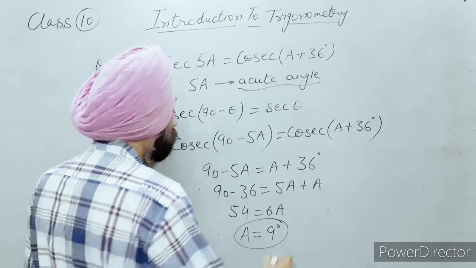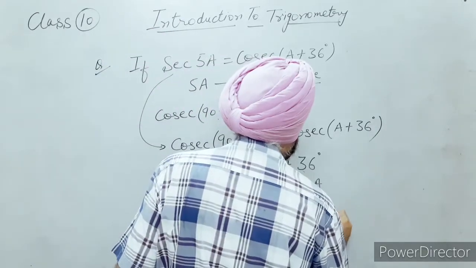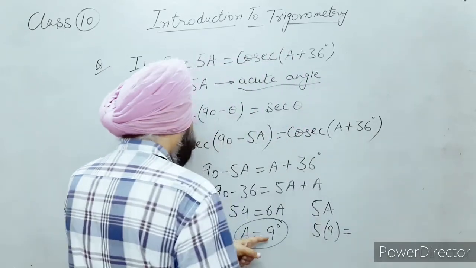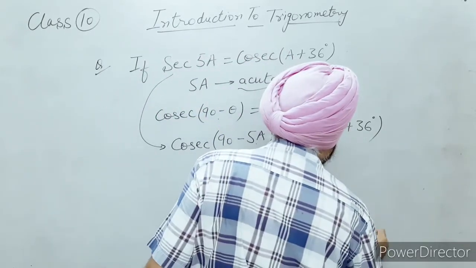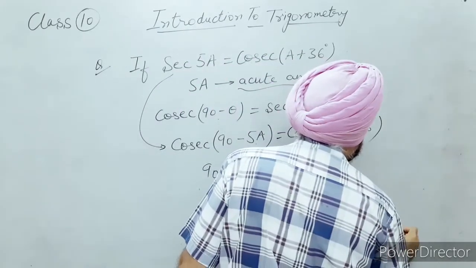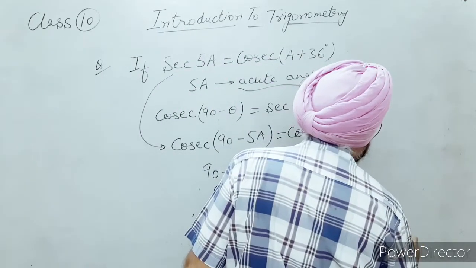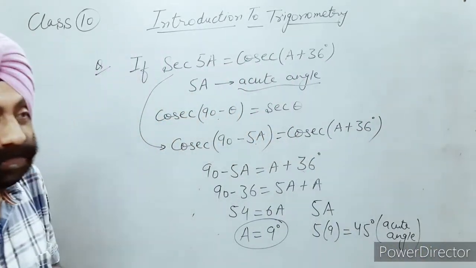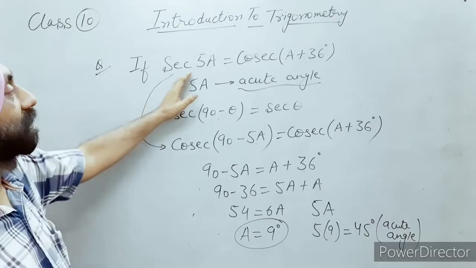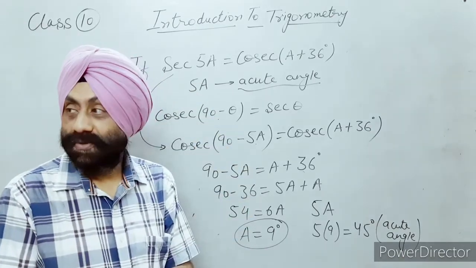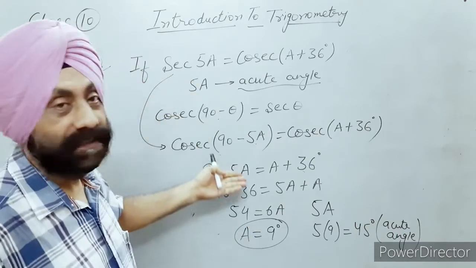So 5a is 5 times a, that is 5 into 9, 45 degrees, which is obviously an acute angle less than 90 degrees. This is the way we solve these kinds of questions. Only one concept of complementary angles is used in solving this type.